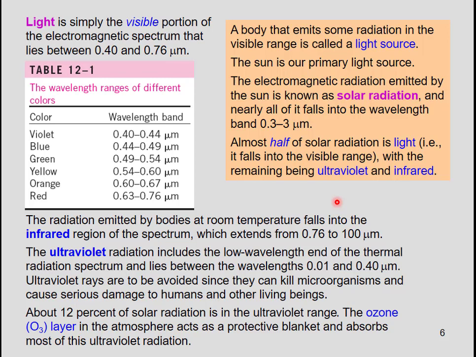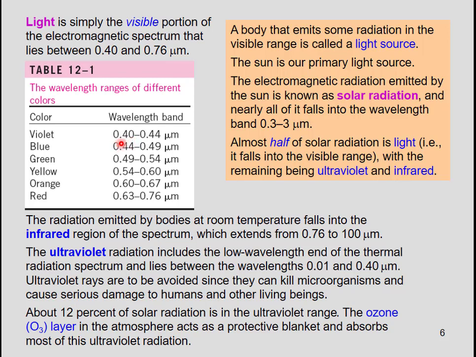What we can see is due to the fact that we can see visible light, which appears white or without color, but this visible portion of the electromagnetic spectrum also contains different colors.